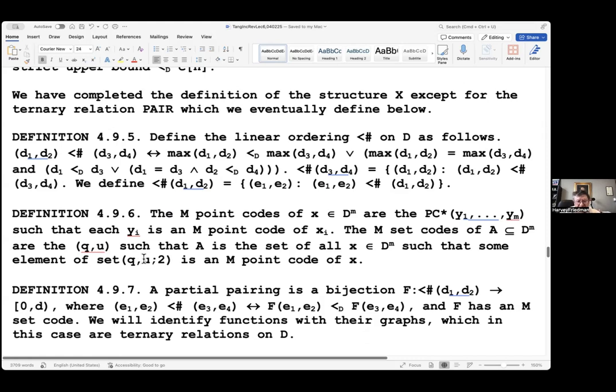The endpoint codes of an M tuple X are the M tuple of endpoint codes. And the M set codes of a subset A of D to the M are the Q such that A is the set of all X in D to the M such that some element of Q is an M point code of X.